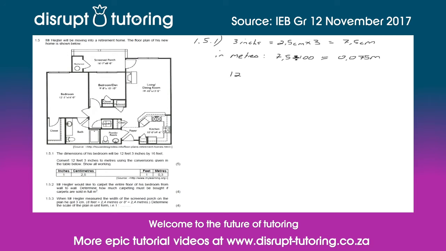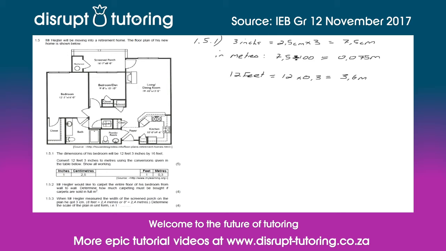So we know then that 12 feet, using the conversions, is 0,3 meters per foot. So we need to take 0,3 and multiply that by 12. So this 12 feet will equal 12 times 0,3 to get it into meters, which equals, in your calculators, 3,6 meters.